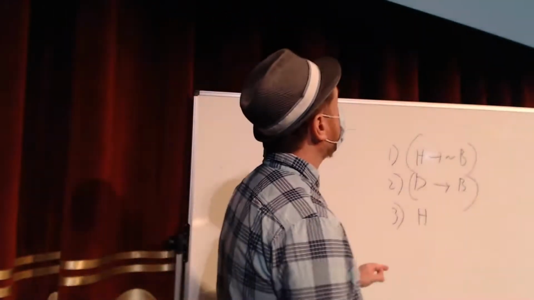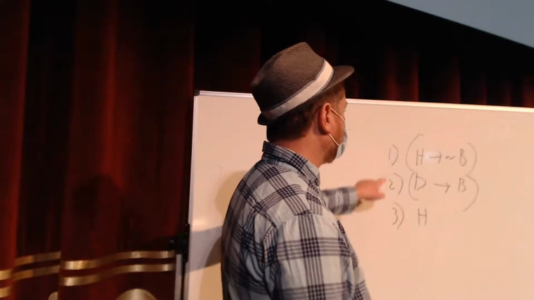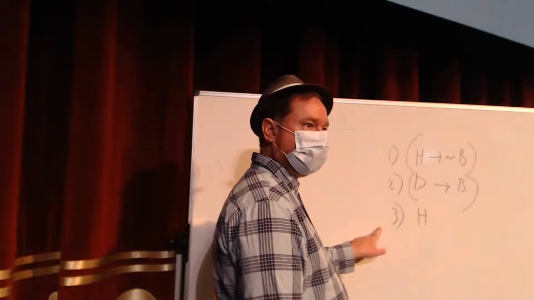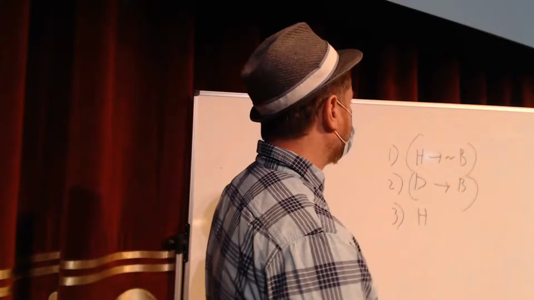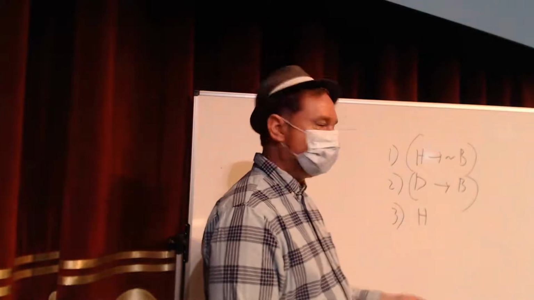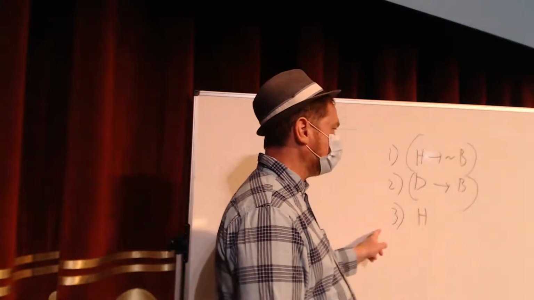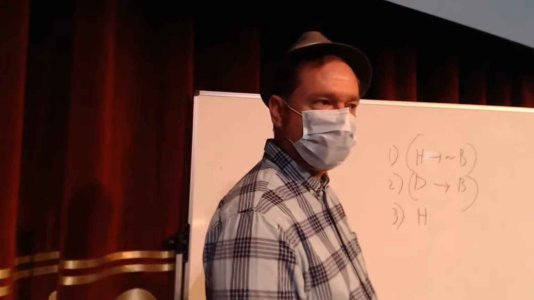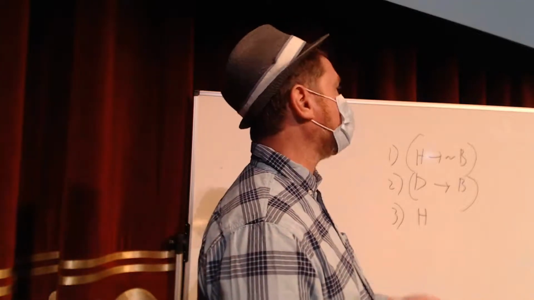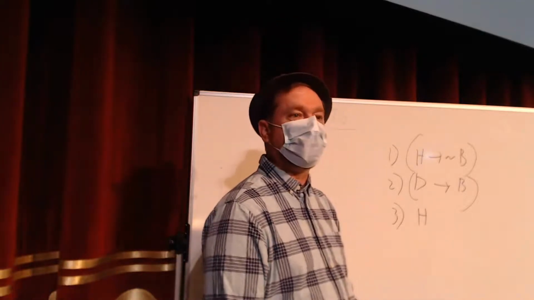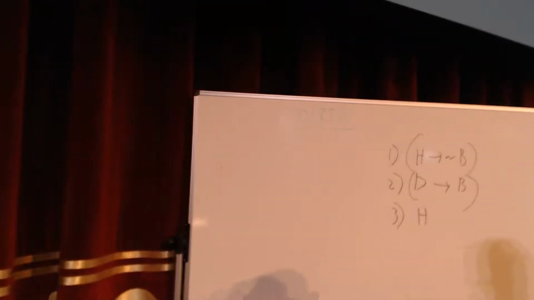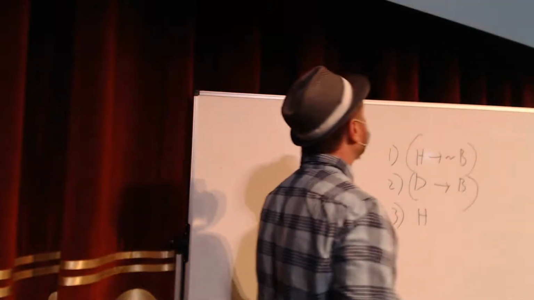So what we have to do is look at our three premises and ask, are there any S rules I can use on any of the statements? And in this case, the answer is no. Then I have to look a second time and ask, are there any I rules I can use with any combination of the three statements? And specifically looking, is there anything that will get me closer to a not D?